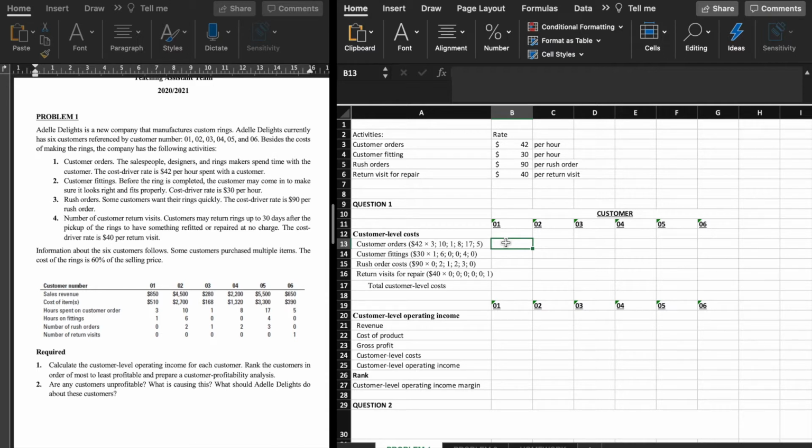So for customer 1, for the customer orders, it is 44, the rate for customer orders, times 3. 3 is from the table, the information given, hours spent on customer orders for customer 1, and so on. For customer number 2, it is 42 times the hours spent, which is 10, and the same for customers 3 until 6.